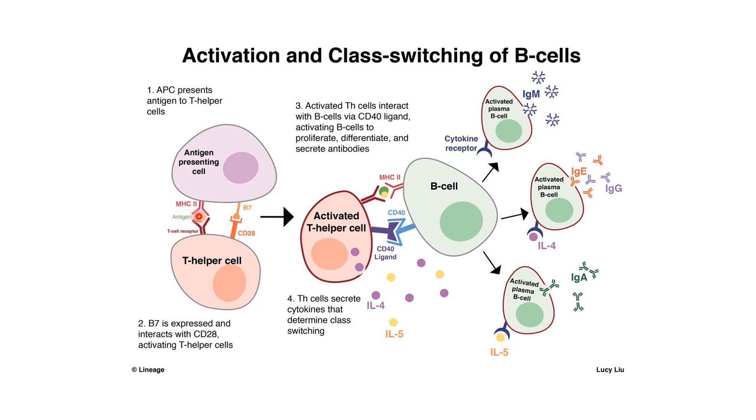And what this does is it literally presents the antigen as if it is food on a silver plate. And by doing so, it will allow the helper T cells of the body to uniquely recognize the antigen.